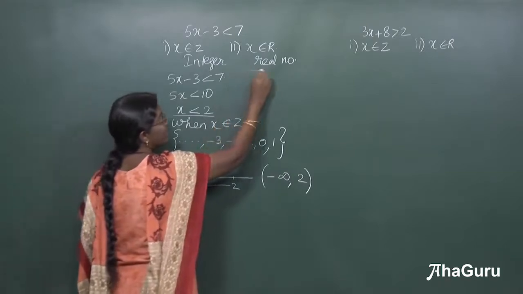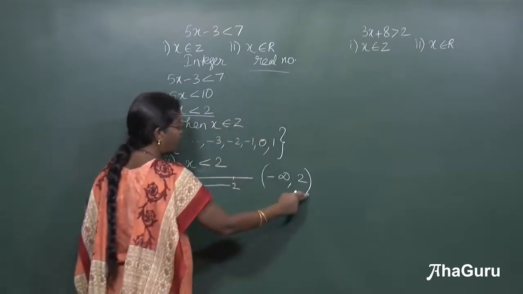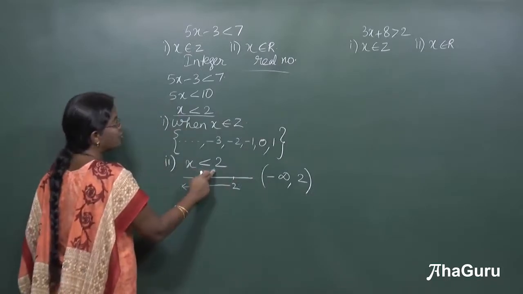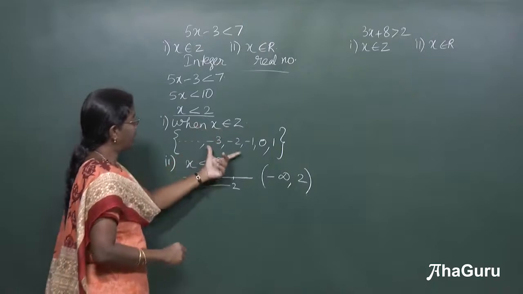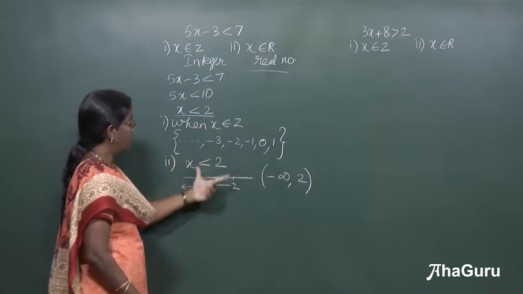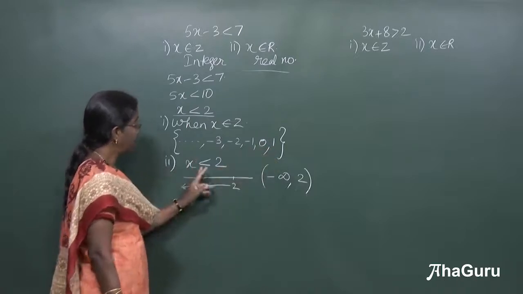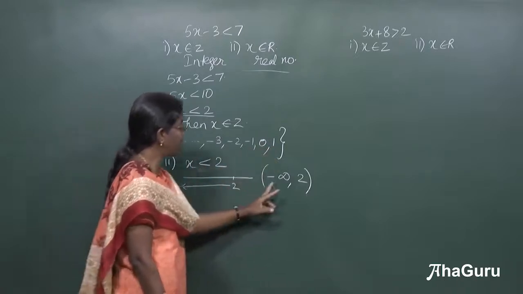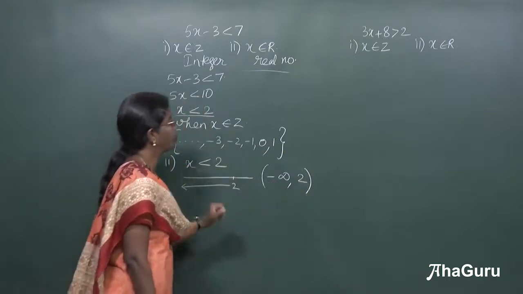So, whenever it is a real number, we write the solution only as an interval. It will be an open interval because x is strictly less than 2. So, when it is an integer, the solutions are all negative integers along with 0 and 1, and when it is a real number, the solution set will be an open interval from minus infinity to 2.